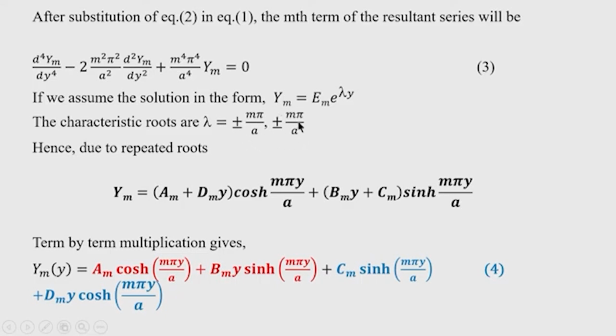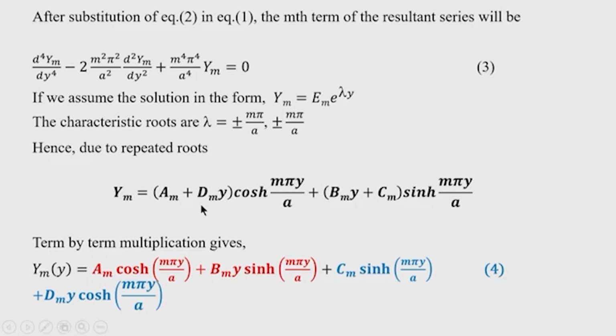So, according to the theory of linear differential equation, when a repeated root occurs, the solution can be written as Y_m equal to (A_m plus D_m y) cosh(m pi y by a) plus (B_m y) plus C_m sinh(m pi y by a). So, here you see I have taken the constants not in sequence, just arbitrary constants, you can take anything.